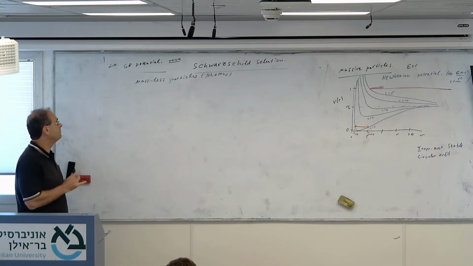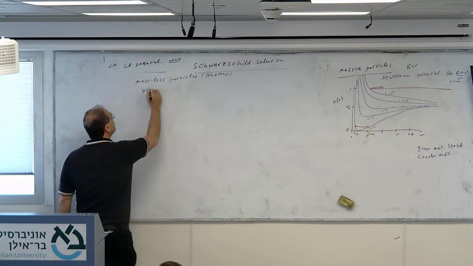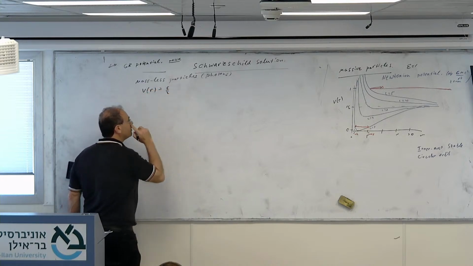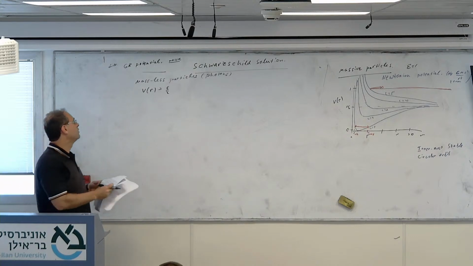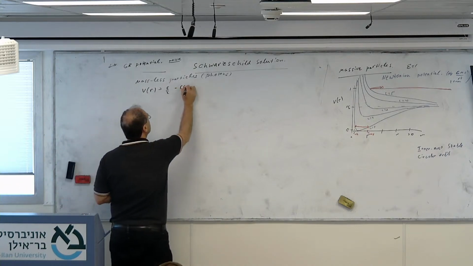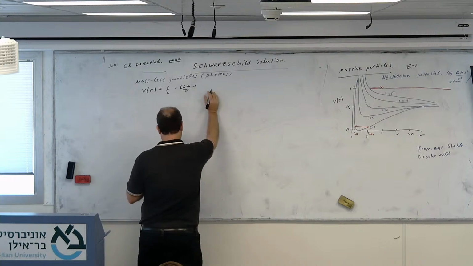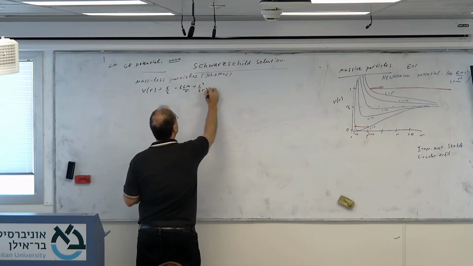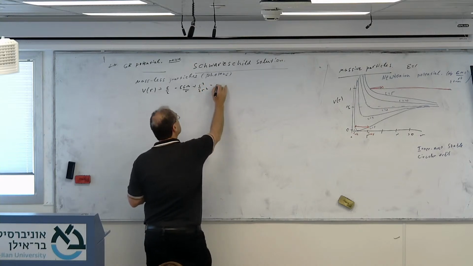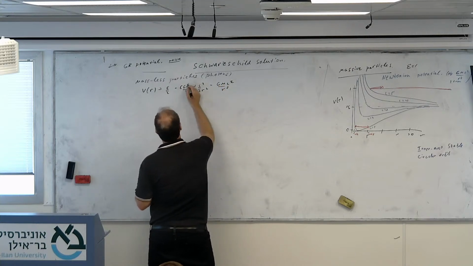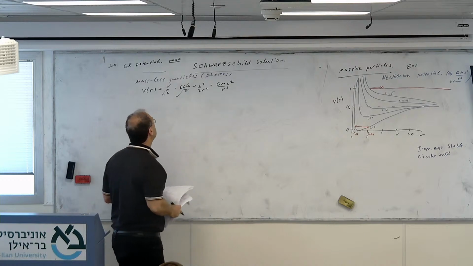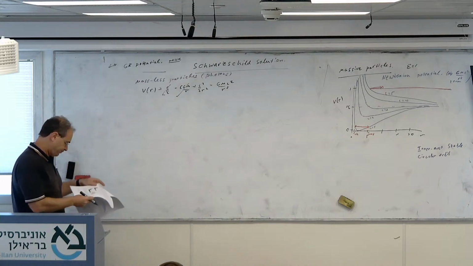Get V of r equals minus epsilon g f of r plus m squared over 2r squared minus g m l squared over r cubed. So we just put 0 here. Get the very simple potential.